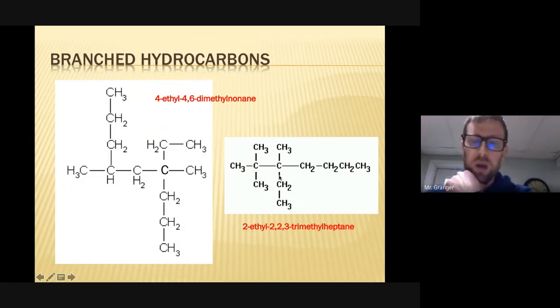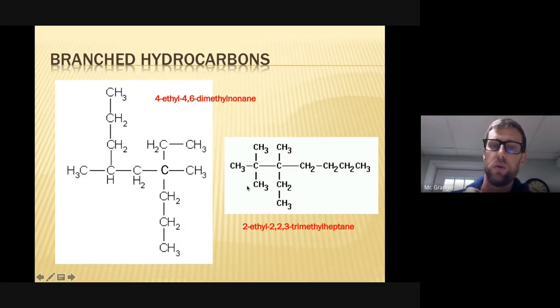Okay, so this would be carbon 2, with our ethyl group. Okay, so 2-ethyl, 2,2,3 trimethyl heptane.